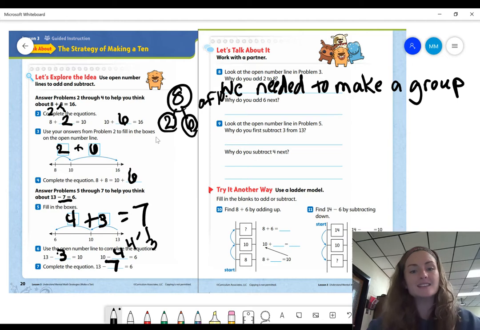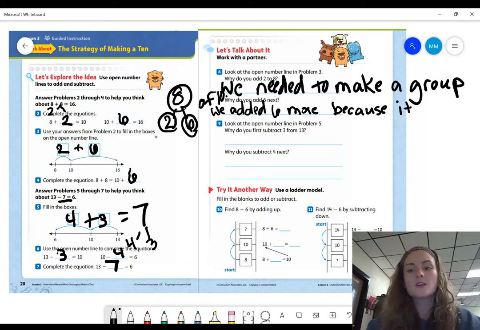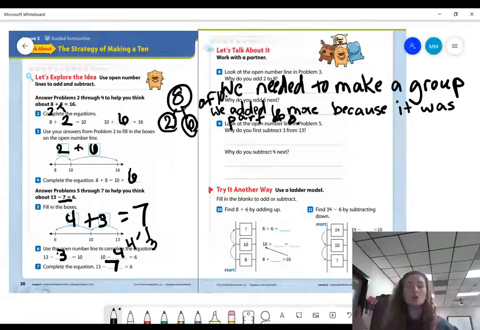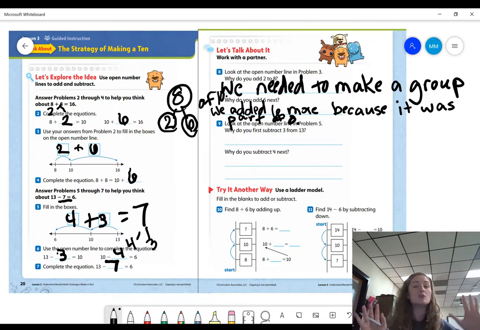So we added 6 more because it was a part of 8. Because we were adding 8, but we busted up that 8 into 2 plus 6, so we could add 2 to make the 10 and added the 6 extra ones.